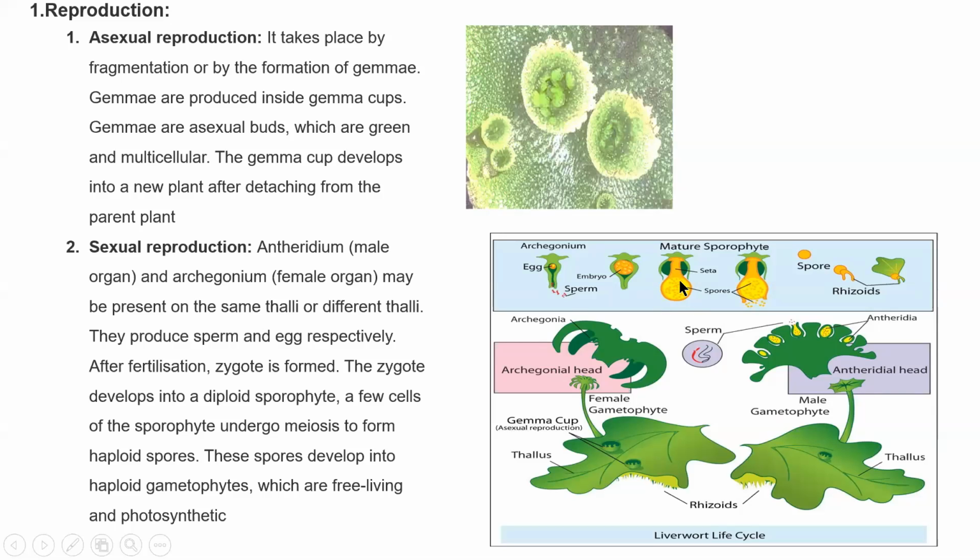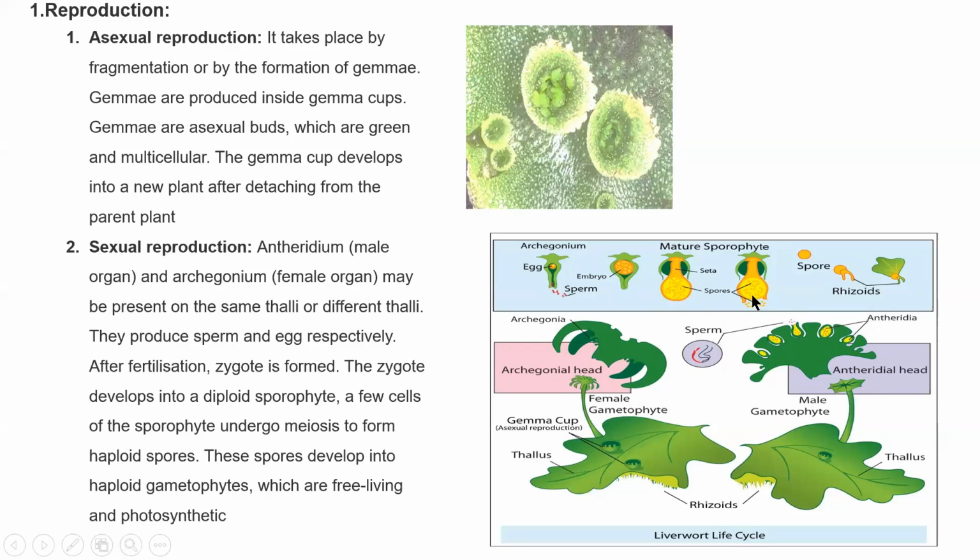Inside the capsule you have three layers: exothecium, amphithecium, and endothecium. The innermost region, the endothecium, gives rise to the spores in liverworts.